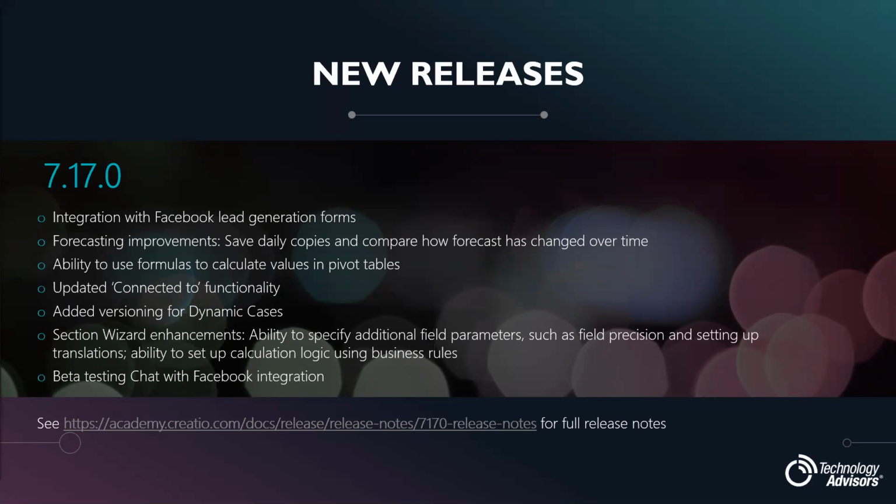The ability to use formulas to calculate values in pivot tables. Updated connected to functionality. Added versioning for dynamic cases. Section wizard enhancements. The ability to specify additional field parameters such as field precision and setting up translations, and the ability to set up calculation logic using business rules. And there's also beta testing for chat with Facebook integration.